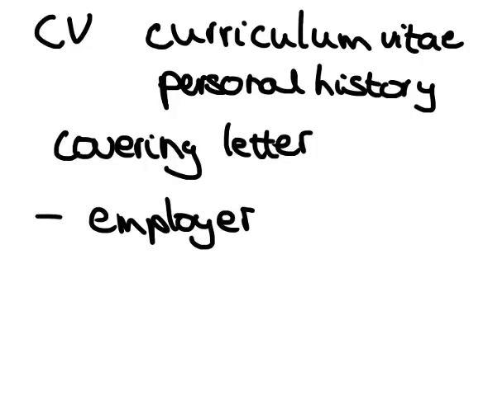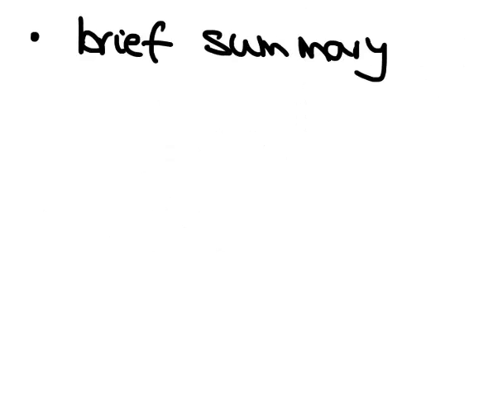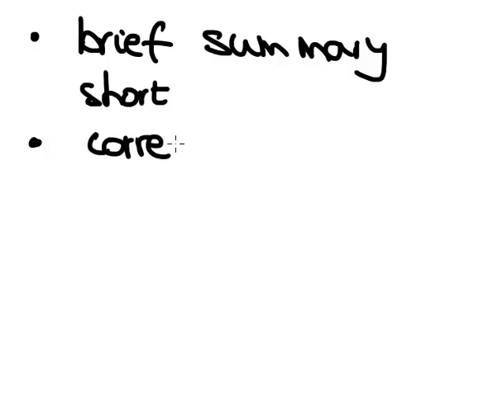So a CV is a brief summary about you. Brief means short. You don't want your CV to be too long because the employer might get bored and stop reading. It is absolutely critical that everything in the CV is correct. That means all the information is absolutely correct.